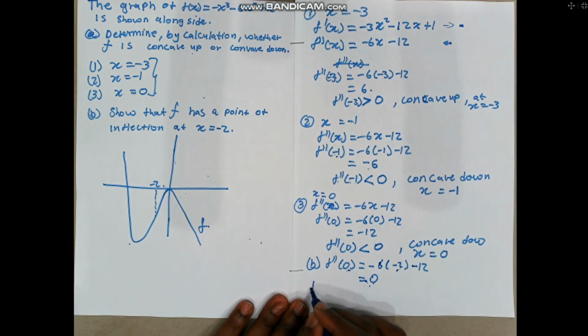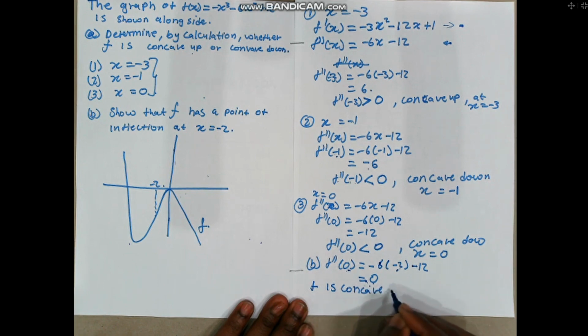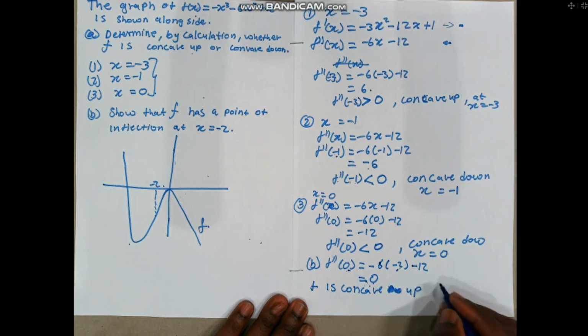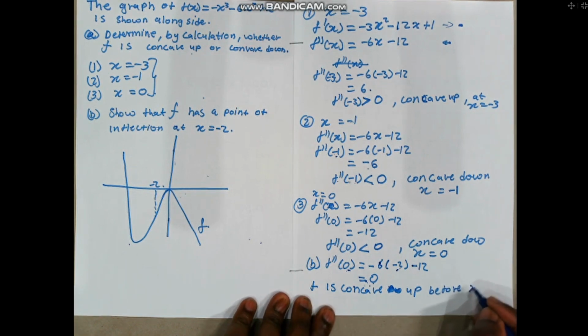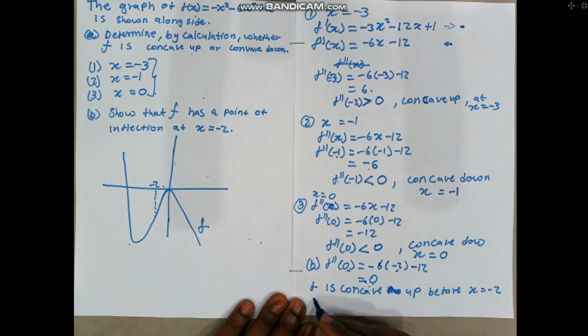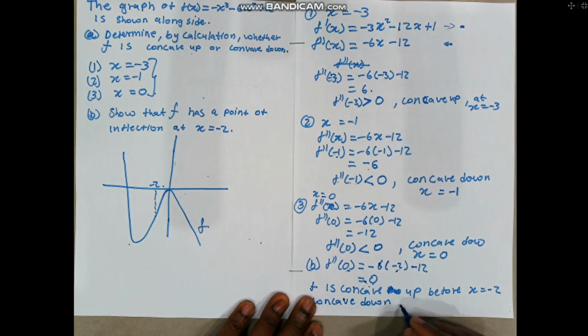So f is concave up before x is equal to -2, and also concave down after x is equal to -2.